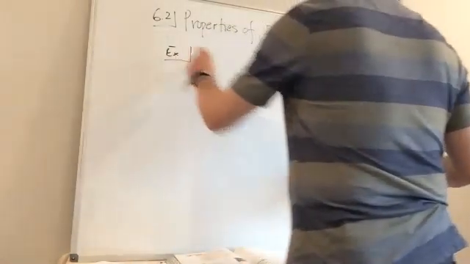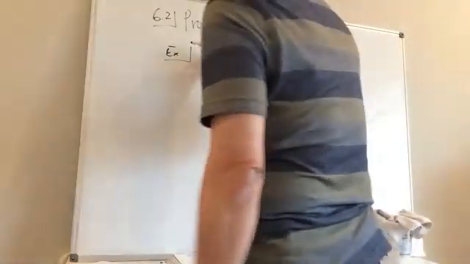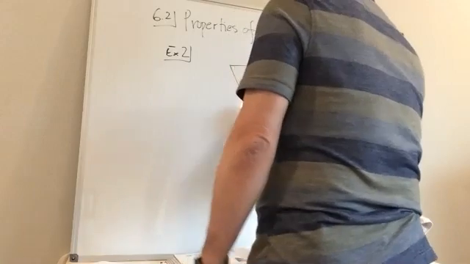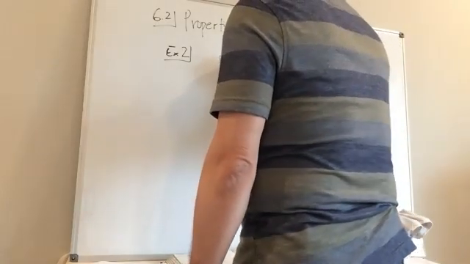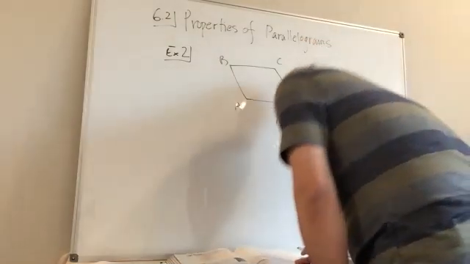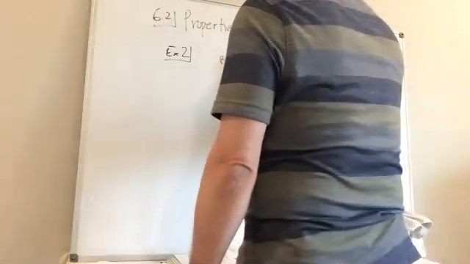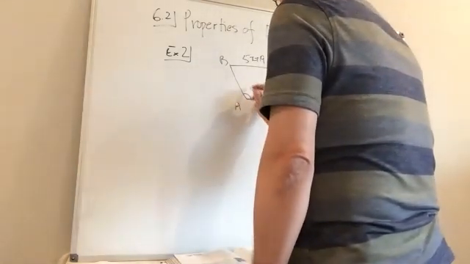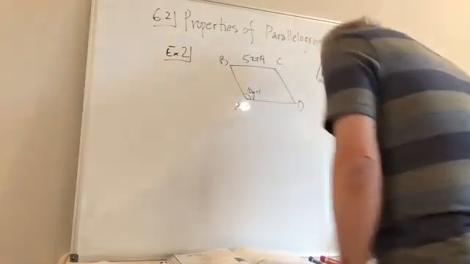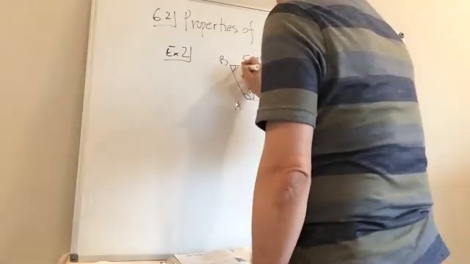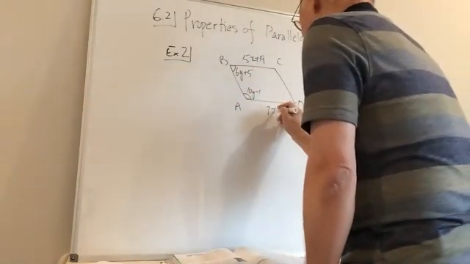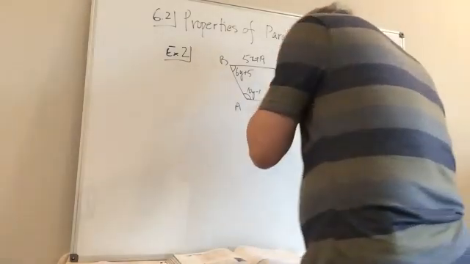And let's do example number 2. We have ABCD, with 5x plus 19, 10y minus 1, 6y plus 5, and then 7x. Okay, find the measure AD.